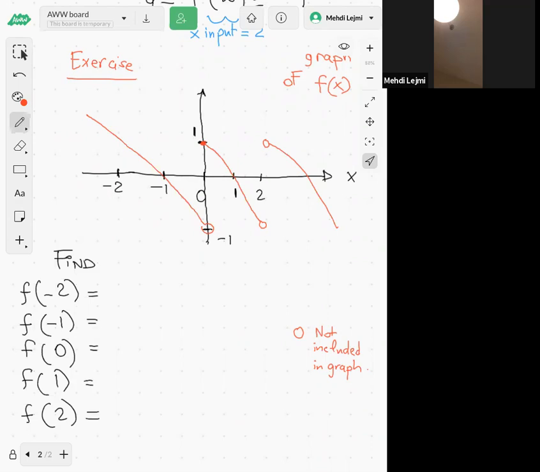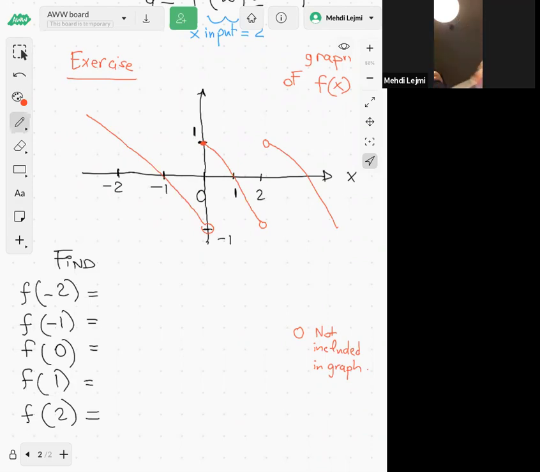You have to choose, because for each input, you have exactly one output. Between 1 and undefined, it will be 1, because it means that you have an intersection. So the answer would be 1 for f of 0.